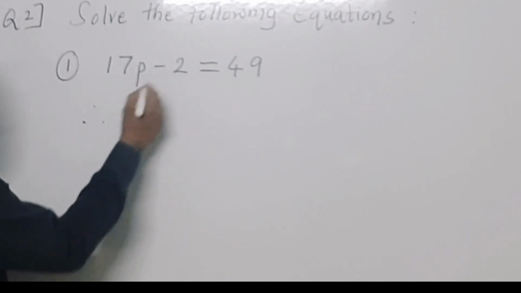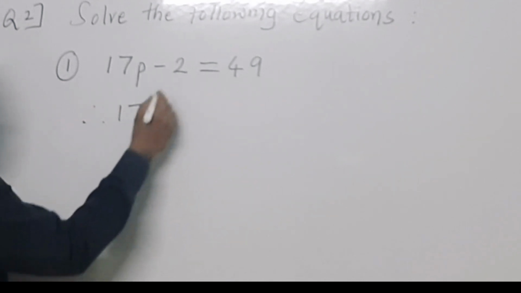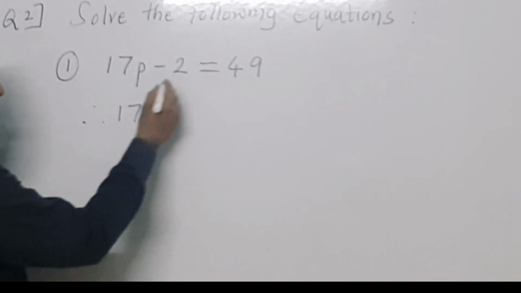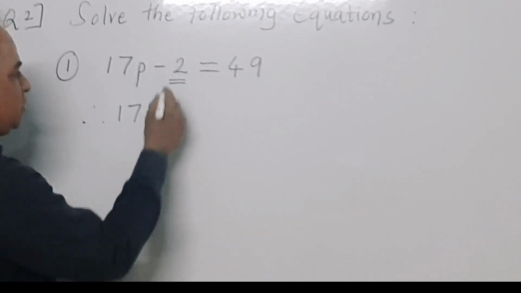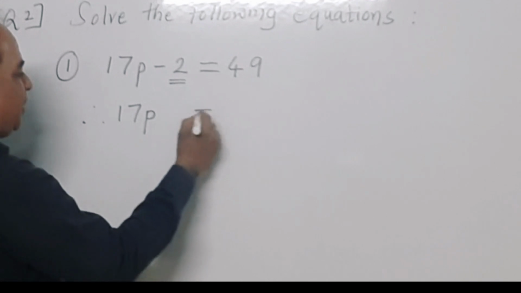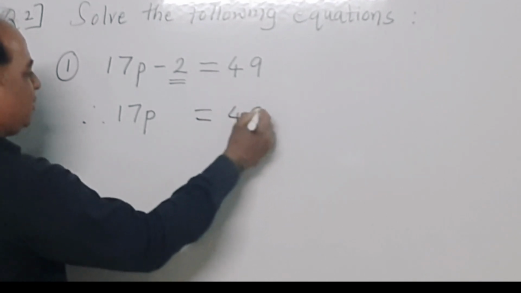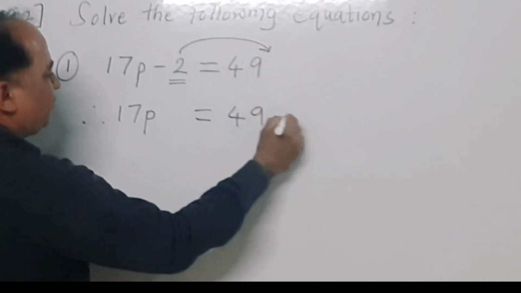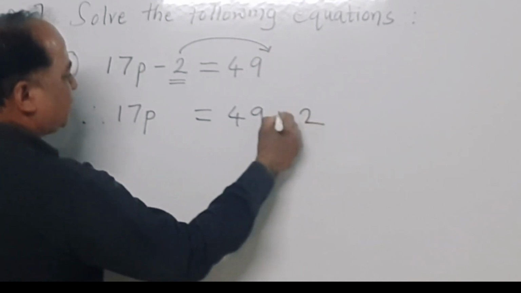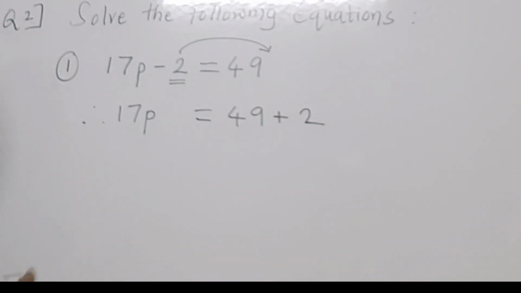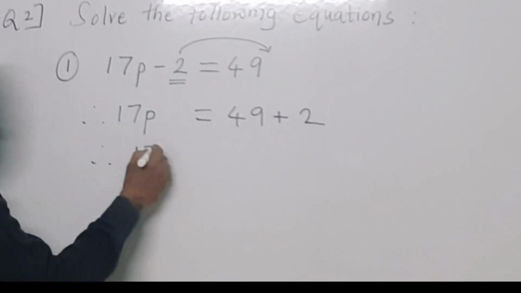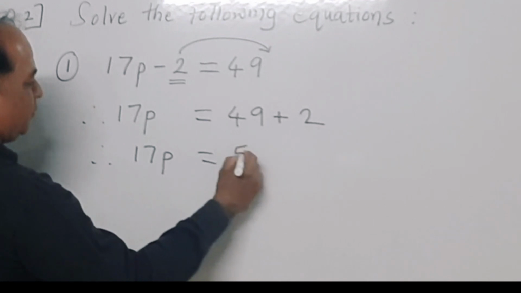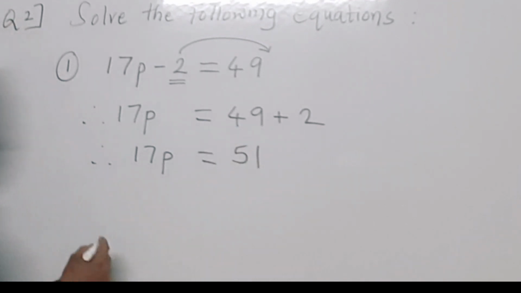When minus 2 goes to the right hand side, its sign will change and it will become plus 2. So 17p is equal to 49 plus 2, which is equal to 51.